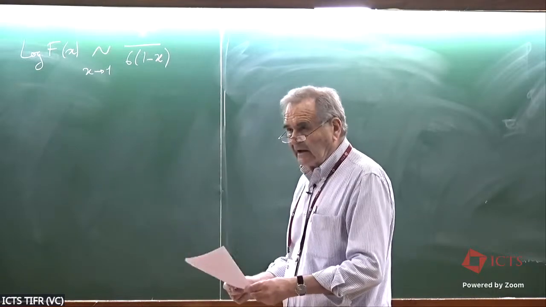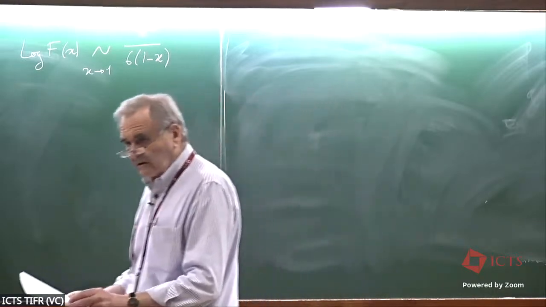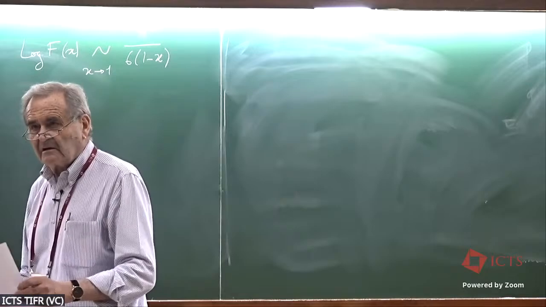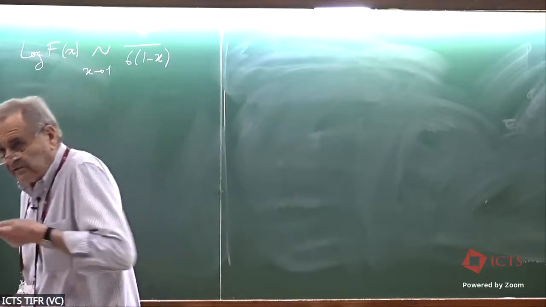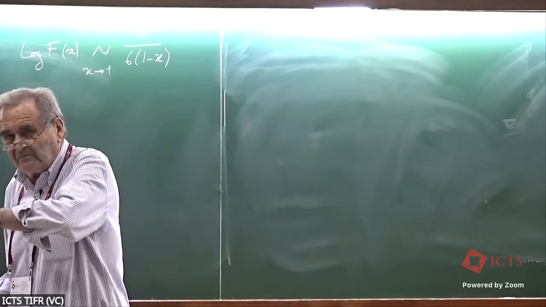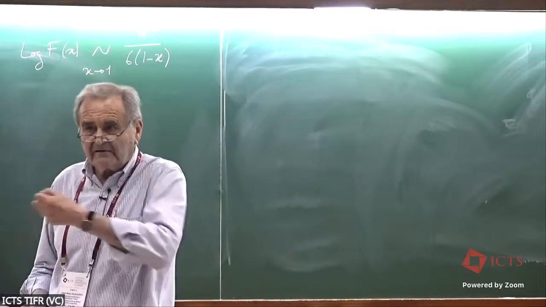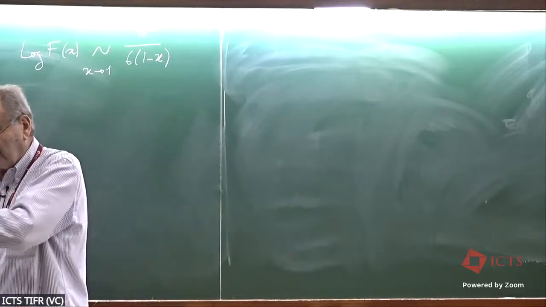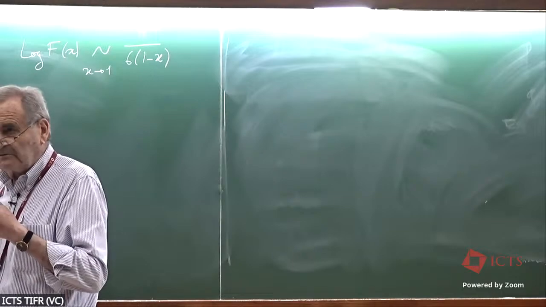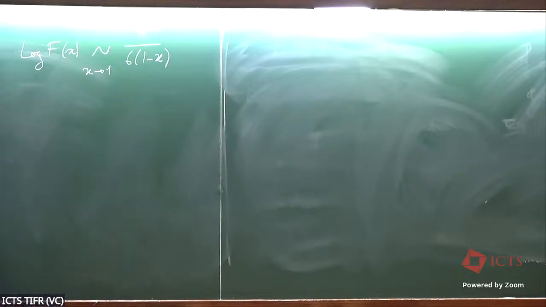And this gives you already information. Always go to see what is the behavior around the singularity, and you'll get something back. Exactly for the prime numbers, this is what we were doing, and this is what we are doing here too.